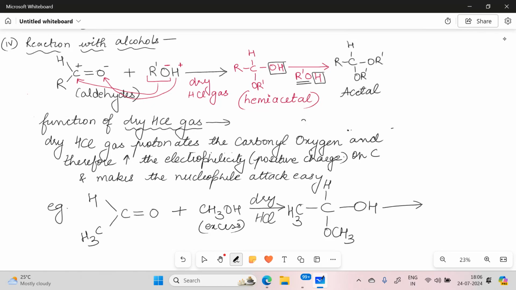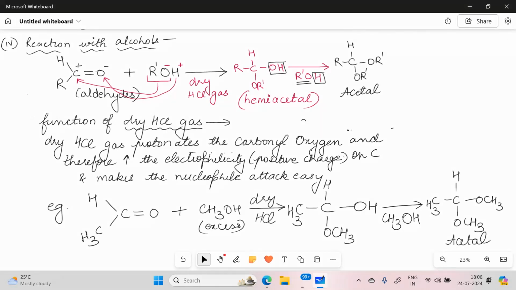Then when we are using excess CH3OH, we get C with four branches. On top we have H, on the right we have OCH3, then CH3 and OCH3. Very good. Yeah, that is the answer.